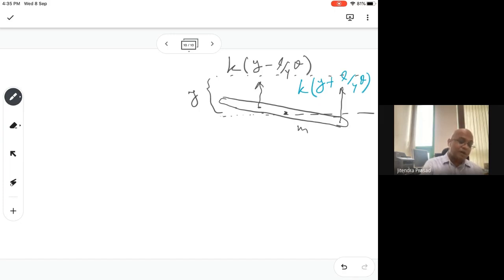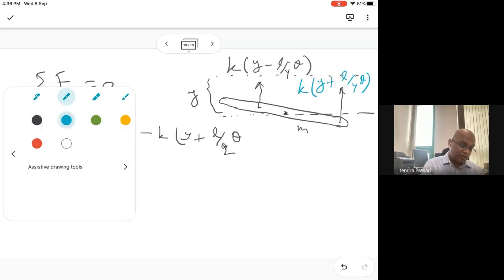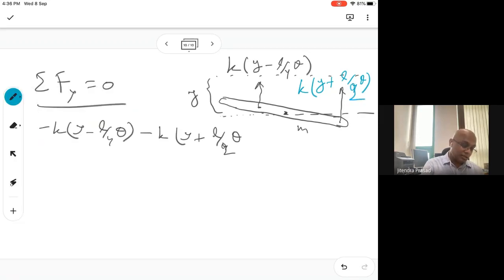So the first equation: the summation of all the forces in the y direction, and hence you get minus K(y minus L over 4 theta) minus K(y plus L over 2 theta) equal to m y double dot.